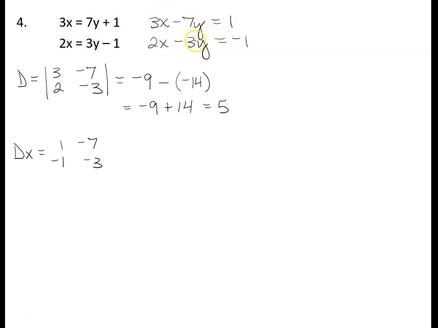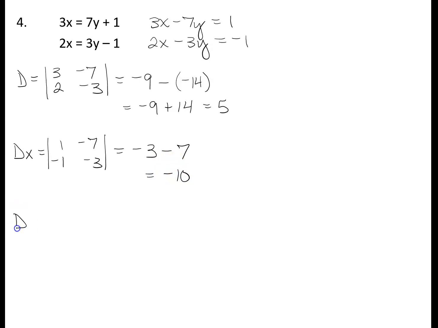So the negative signs have to be on the 7 and the 3 for this to work. Start in the upper left, 1 times negative 3, minus, and then we go the other way, negative 7 times negative 1 is 7.